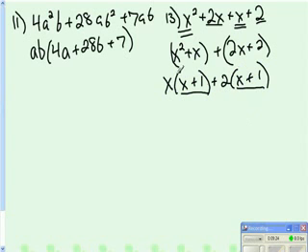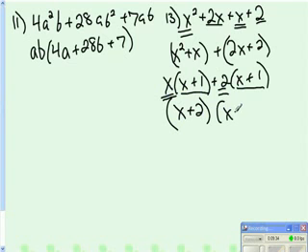Which means basically I can reverse this distributing that happened. I can put it as x plus 2, because those are the things on the outside, right? Times the x plus 1, because they were both multiplied by x plus 1. And now I've gotten rid of my addition. Now it's a multiplication problem. These are factors. So I have factored it because nothing's added anymore. These are multiplied.